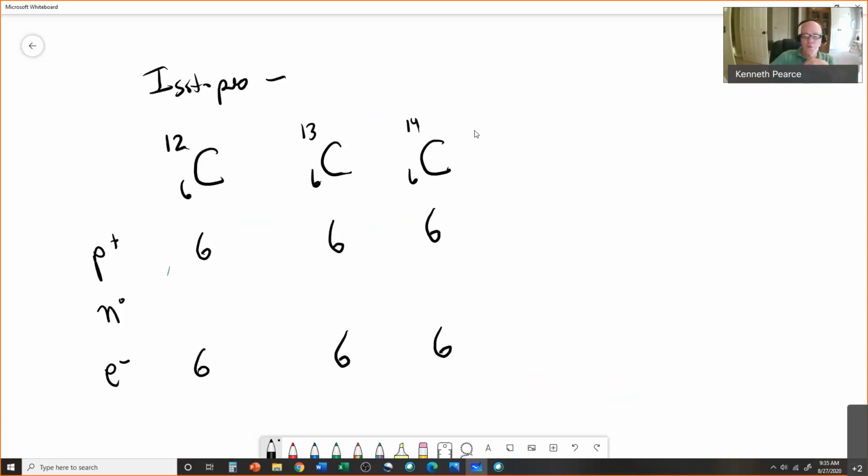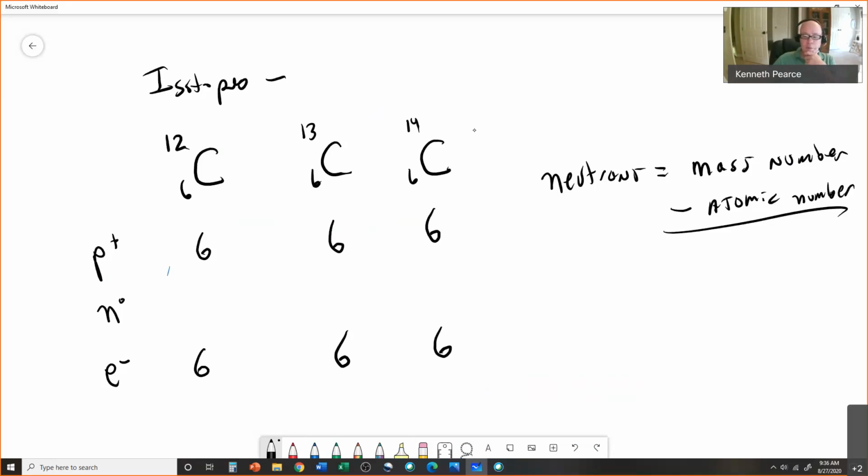And how do we find the number of neutrons? Neutrons equals mass number minus atomic number. Keeping in mind that mass number is not on the periodic table. It's not 12.011.